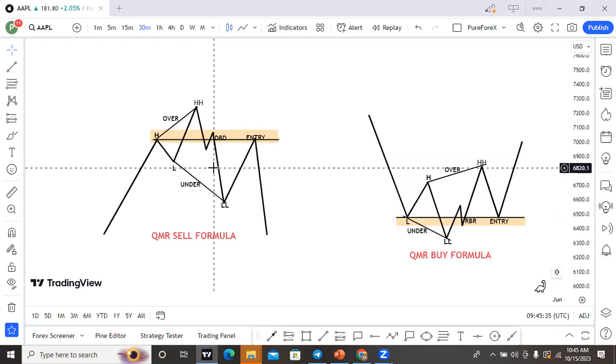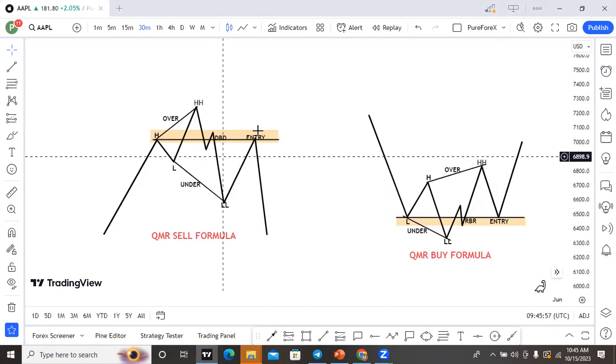If you don't know about drop-base-drop or rally-base-rally and all the types of supply and demand, I advise you to go watch other videos on the basic supply and demand concept, then come back, and you'll be able to understand the concept of a Quasimodo reversal.